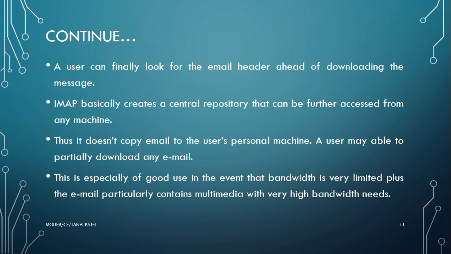Thus, it does not copy email to the user's personal machine. A user may partially download any email. This is especially useful when bandwidth is very limited, or the email contains multimedia with very high bandwidth needs.